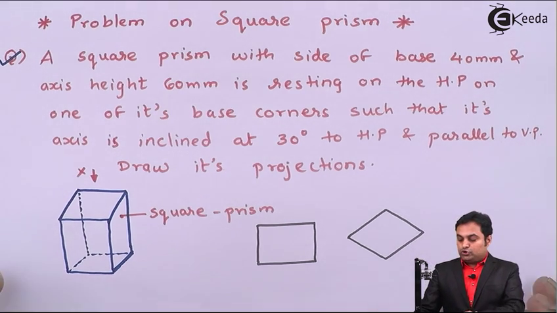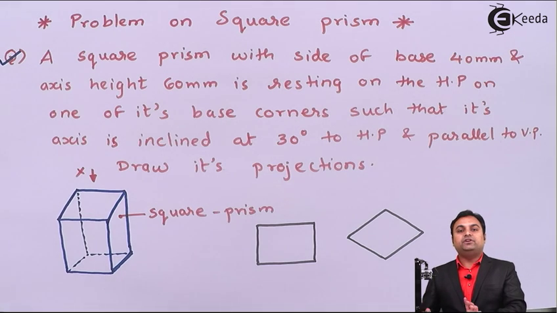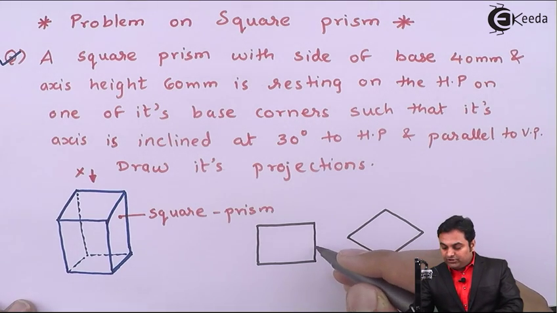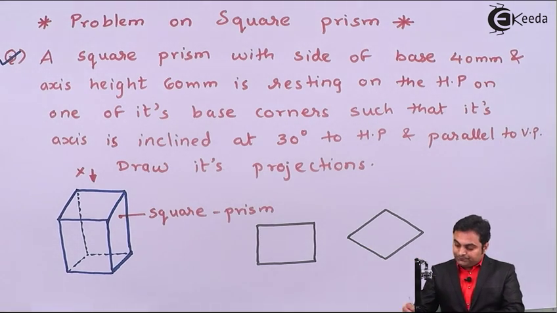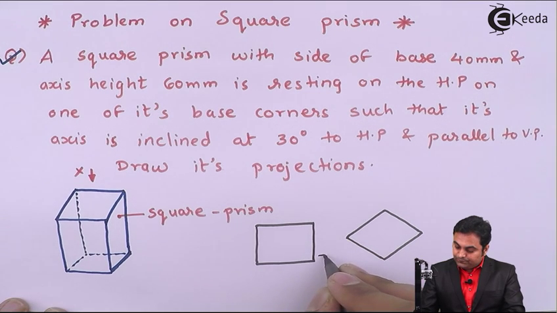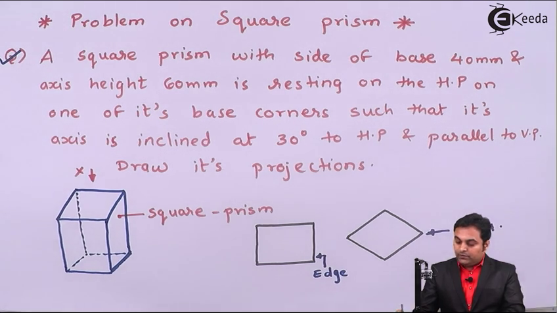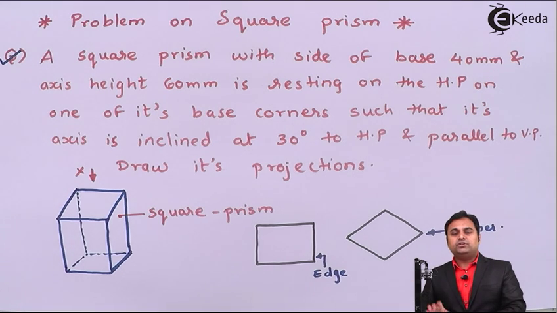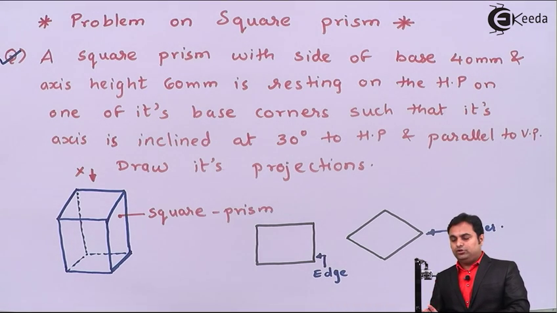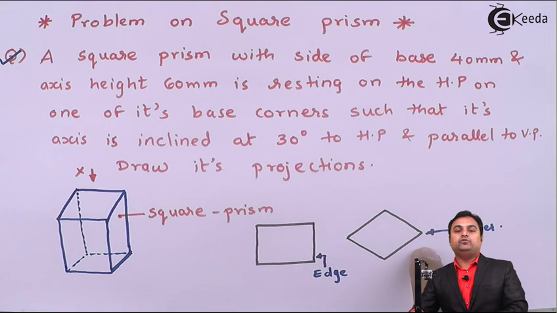Now, square can be drawn into two different ways, either resting on the edge or corner. In this question it is mentioned that it is resting on the corner, and when I tilt it onto the right hand side, it will be tilting about this corner.